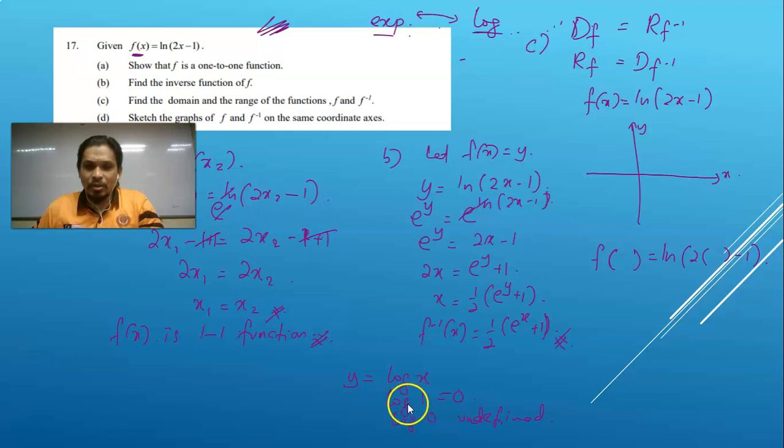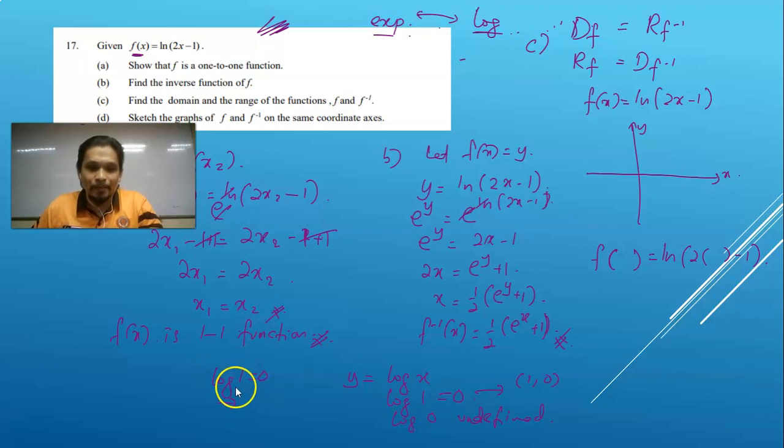Okay, now this one here, log 1 equal to 0, meaning when x is 1, log 1, x equal to 1, and log 1 equal to 0, y equal to 0. Before this, why does log 1 equal to 0?